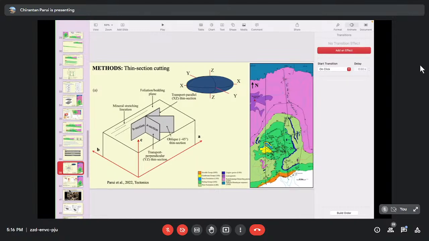This study is mostly based on the paleomagnetic data. Then the ocean got subducted, and then there was a hard collision, approximately around 25 million years. Can I interrupt?